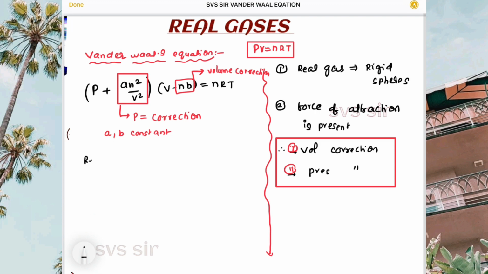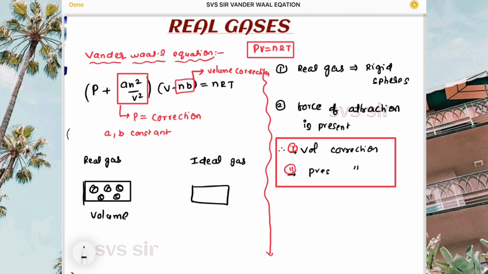But what is the difference between a real gas and an ideal gas? We are going to discuss. In the case of real gases, we always consider these as rigid spheres, so they have volume.